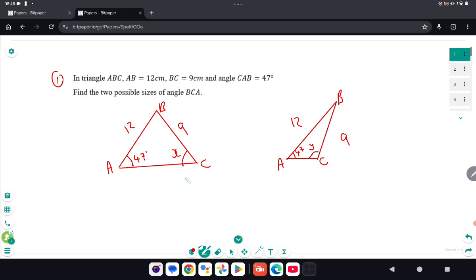Okay, so I'll label it with the letters I've got this time, big C, little c, big A, little a. So we know sin A over a equals sin C over c. Sin 47 over 9 is equal to sin x over 12. Let's times both sides by 12.